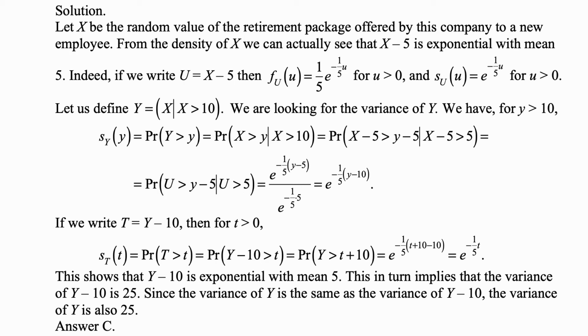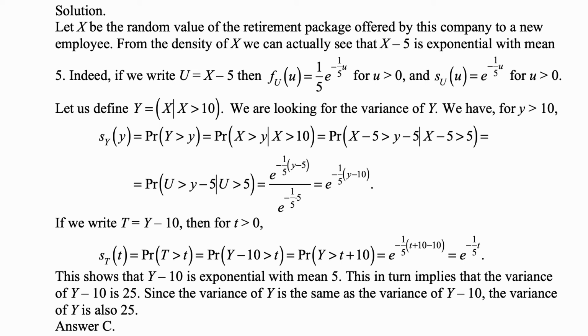Let's define y equals x given that x is more than 10. We're looking for the variance of this y. For y greater than 10, because these are the only values we consider, s sub y of y is the probability that Y is more than y, which is the probability that x is more than y, given that x is more than 10, which is the probability that x minus 5 is more than y minus 5, given that x minus 5 is more than 5, which is the probability that u is more than y minus 5, given that u is more than 5.